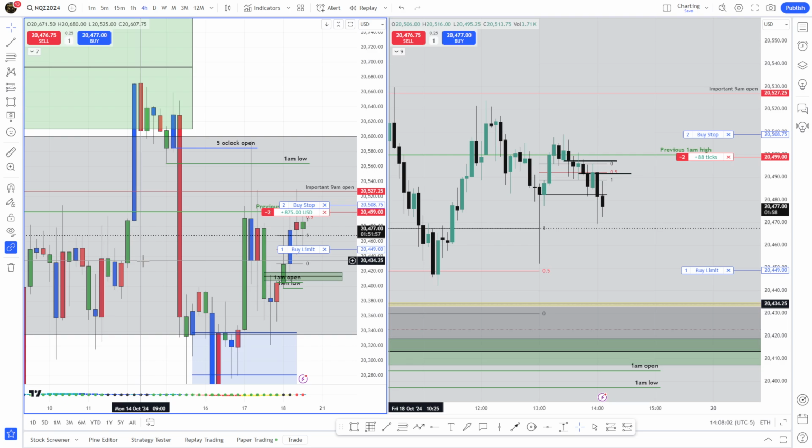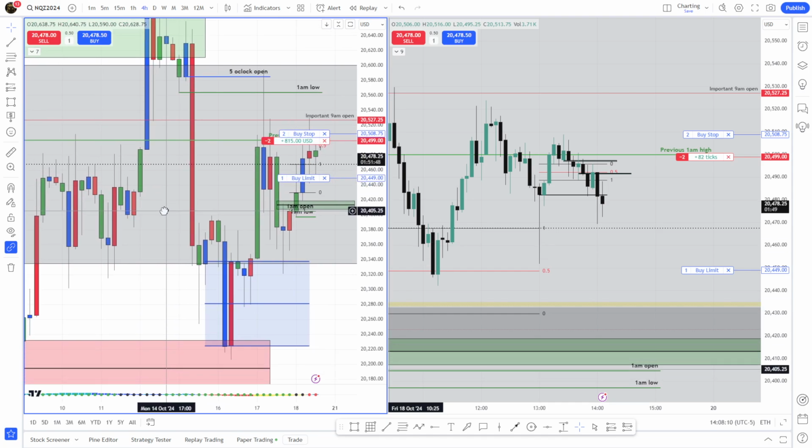Okay, high got nailed. It didn't just hit 50% of this, almost like an order block and reject. And then you got this open gets taken out, which is in this fair value gap.